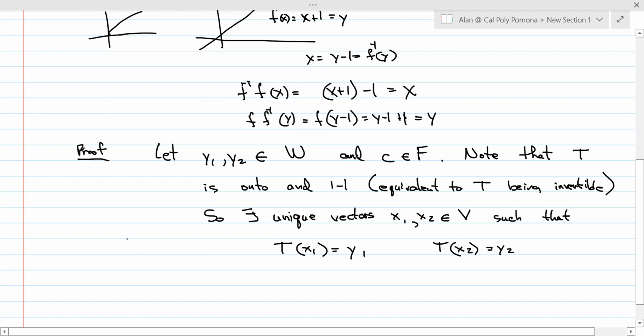Okay, so the picture is this, if it's helpful. This is V, this is W. y1 is over here, y2 is over here.